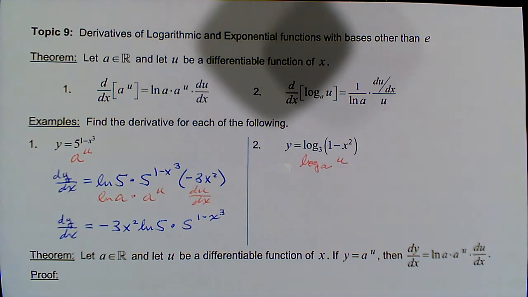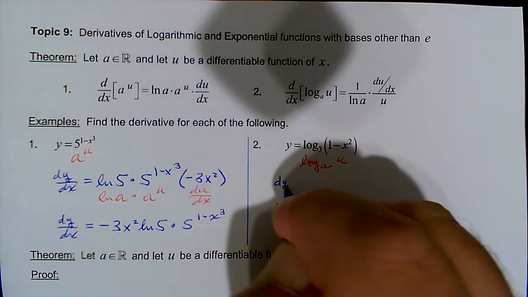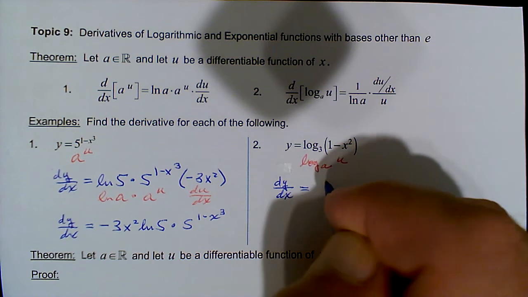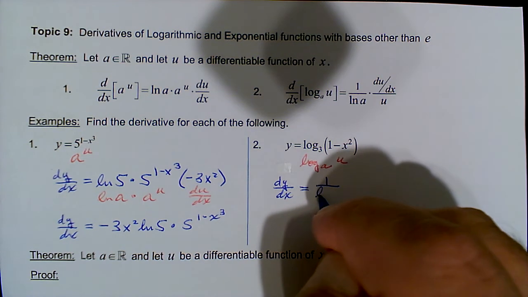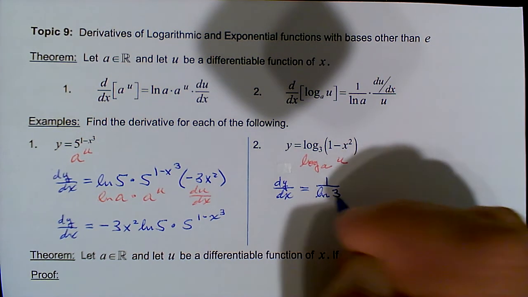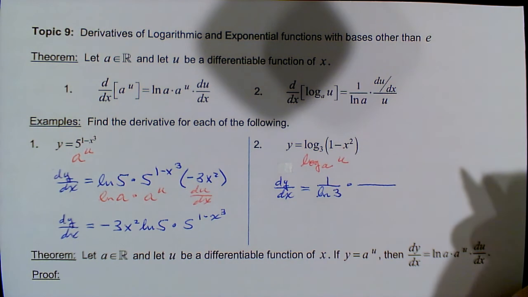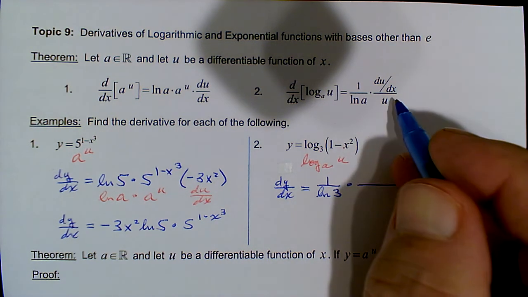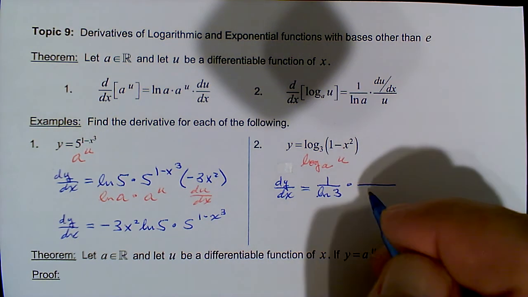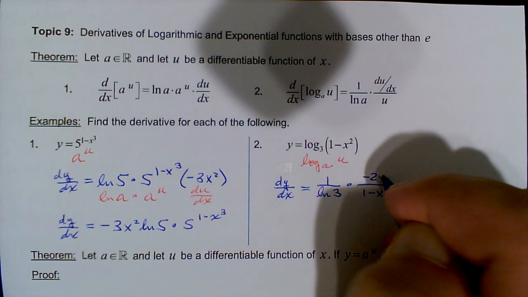And so therefore the derivative dy dx, it's 1 over natural log of a, which is 3 in this case, and then times the rest of it is just like differentiating natural log of u. U goes in the denominator, that's 1 minus x squared, and minus 2x in the numerator.